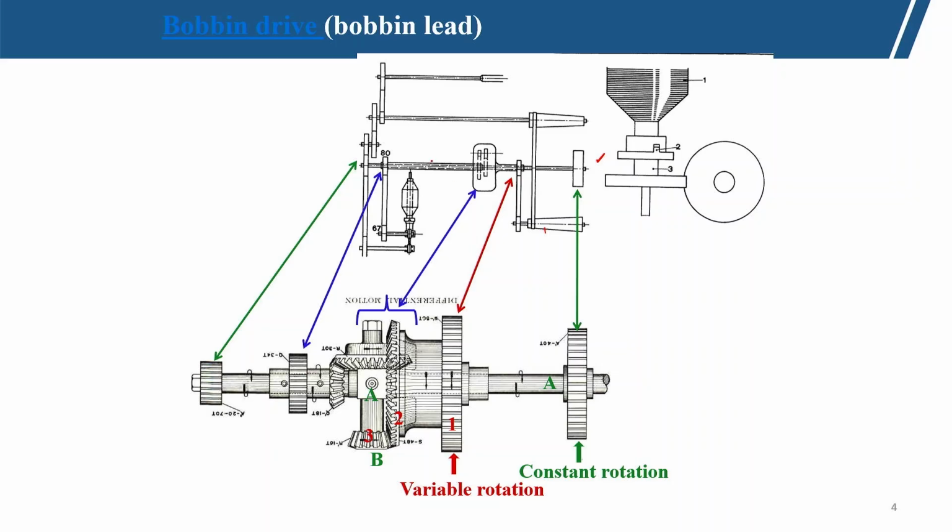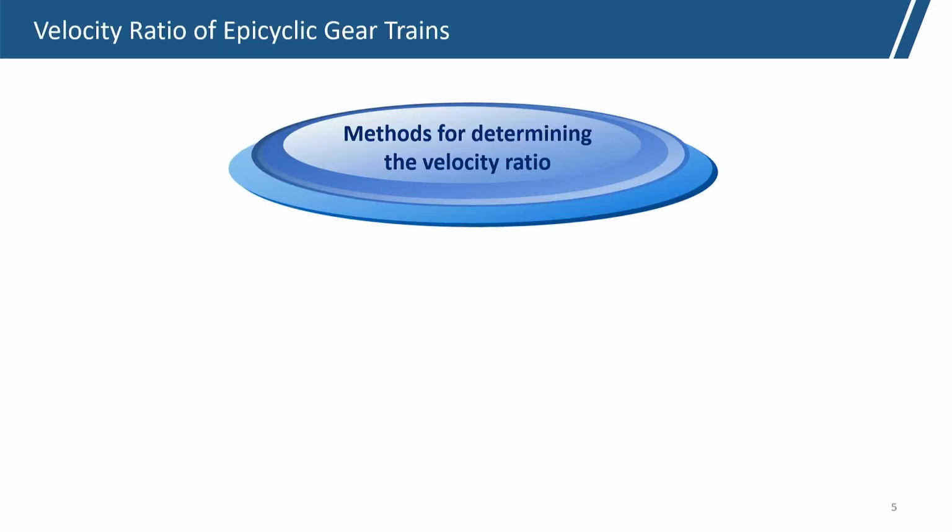Here this shaft is the hollow shaft, and through the center the main shaft goes, which drives the spindle on one side, and on the other side it drives the drafting system as well as the top cone drum, which moves at constant RPM. Now, the same velocity ratio method we will be using.